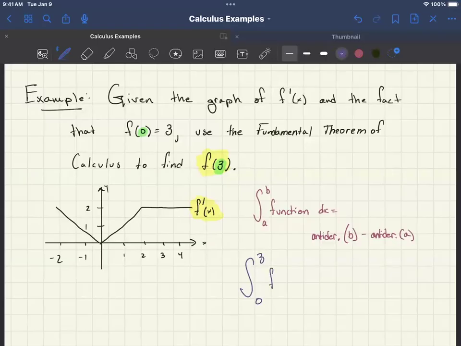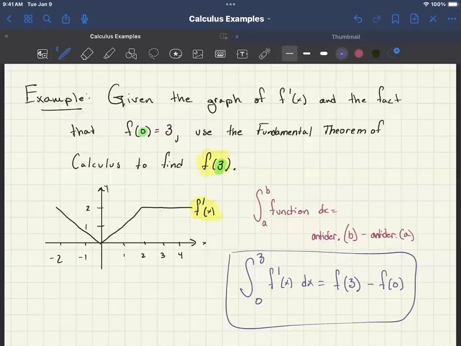Now, instead of saying f of x, let's put our f prime of x right there because the antiderivative of f prime of x is our function f. And our upper bound is 3, our lower bound is 0, and here is where our fundamental theorem of calculus comes in. So now we have an equation that we can work with, which is wonderful.